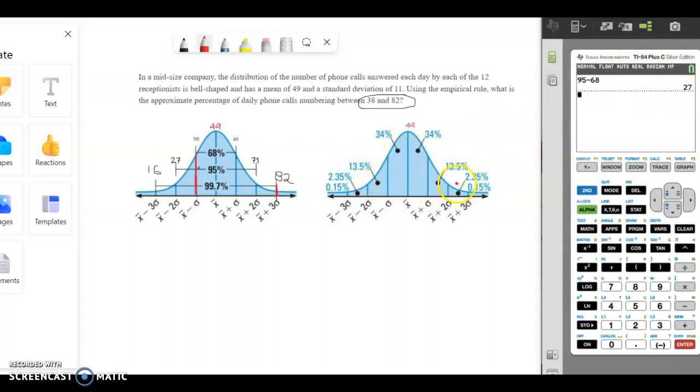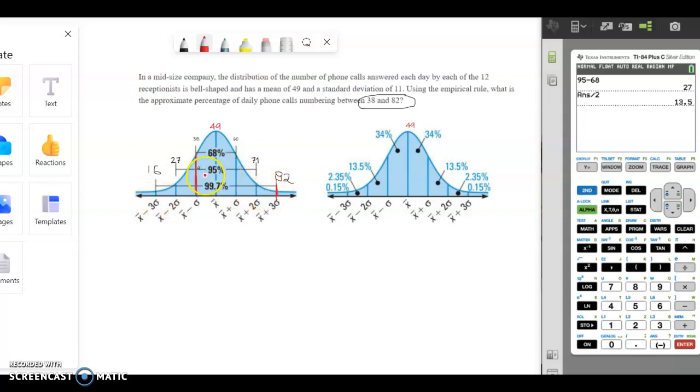That means these two pieces together give me 27. So when I divide that by 2, that gives me this 13.5 and 13.5. So far, so good?